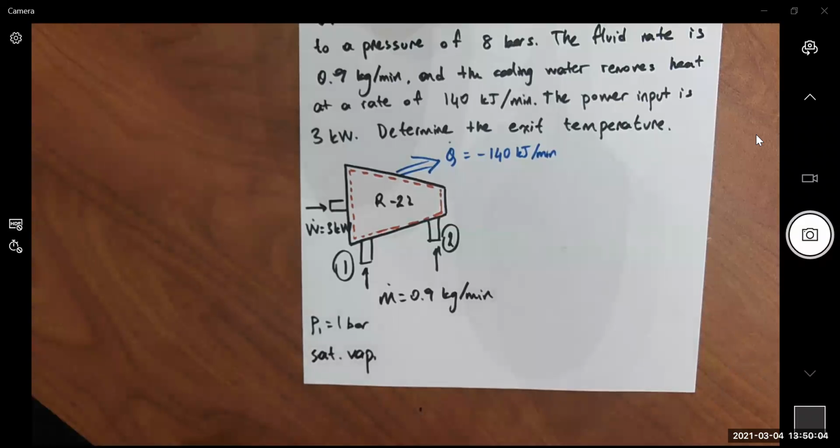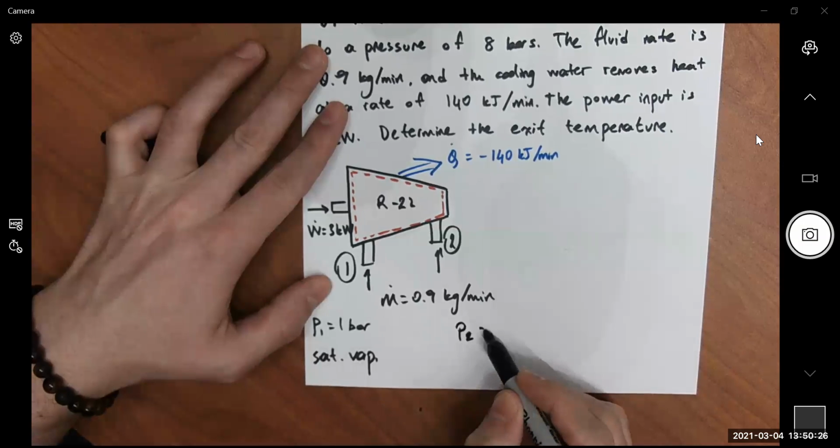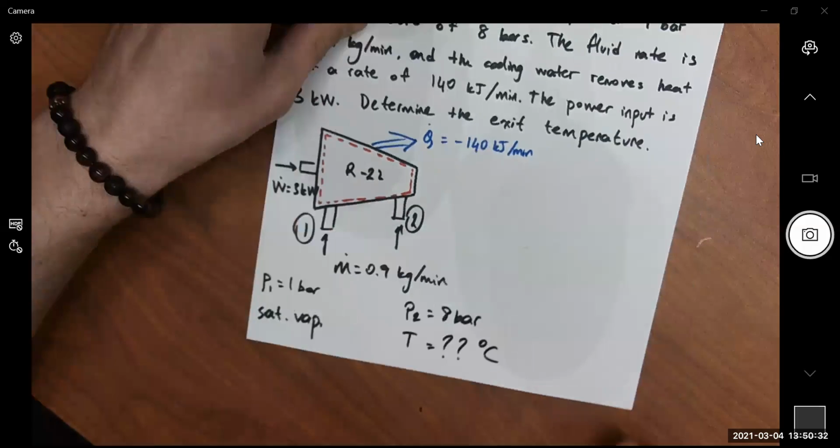So when you indicate on your TV diagrams, SH diagrams, you put your point on the line. If you're off, it's not saturated vapor or saturated liquid. Outlet pressure, P2, is 8 bar, and we're asked to calculate temperature in Celsius.